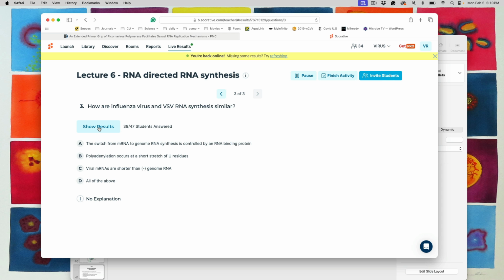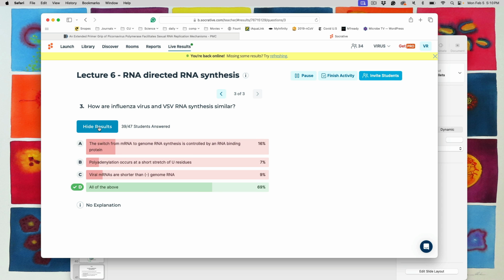So most of you got all of the above, which is right. The switch is controlled by an RNA binding protein, which is NP. Polyadenylation occurs at a short stretch of U, and the mRNAs are shorter than the genome, right? For VSV, they're all those tiny subgenomic mRNAs. They're clearly shorter for flu. It is short of the end of the genome.